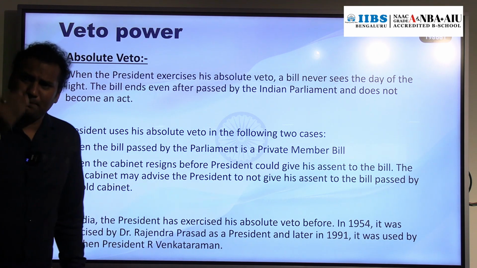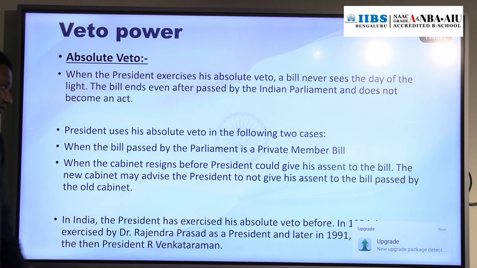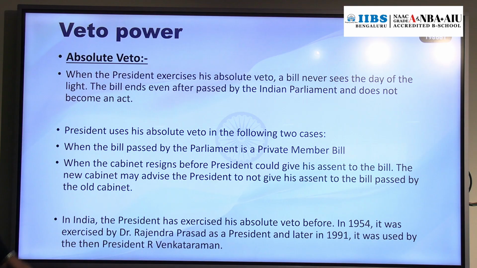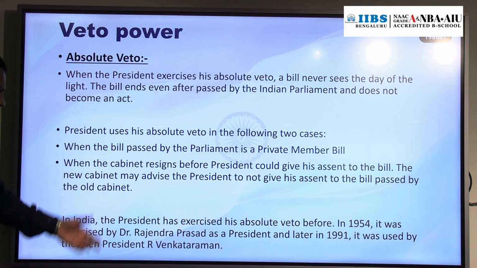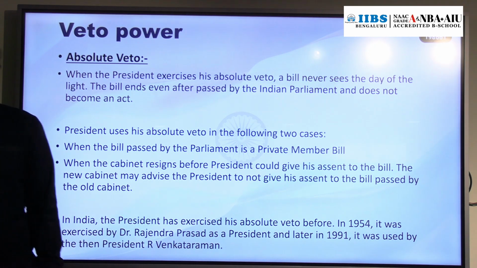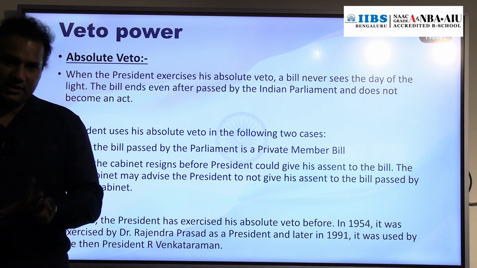Does any president exercise this absolute veto? Yes. The first time, Dr. Rajendra Prasad exercised this absolute veto. And apart from that, in the year 1991, Sir R. Venkataraman also exercised the absolute veto over a bill. Understood?